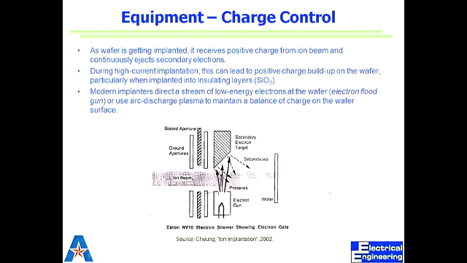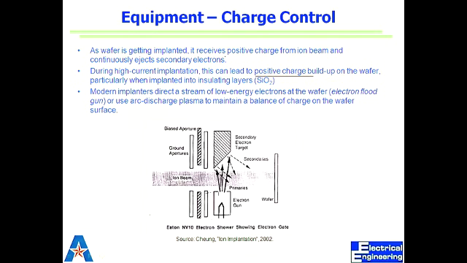Okay, so we are ionizing, we are bombarding the wafer with ions. It's going to get charged up. Once it gets charged up, it's going to repel the same charge away. So we need to neutralize the wafer as well while it's happening. So this leads to positive charge buildup, and we have to get rid of that charge.